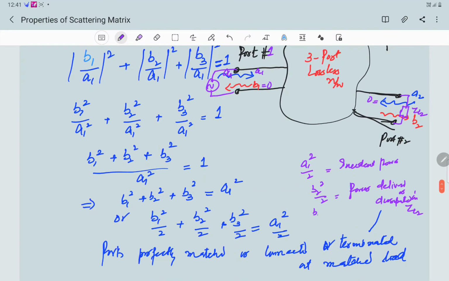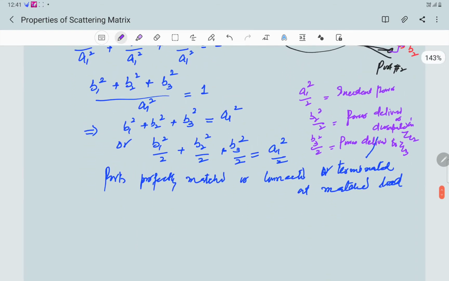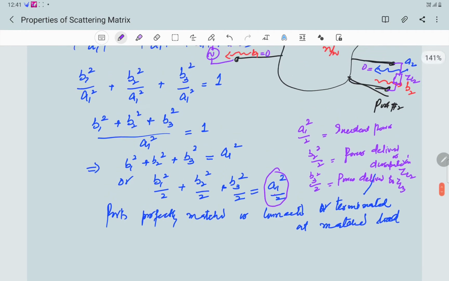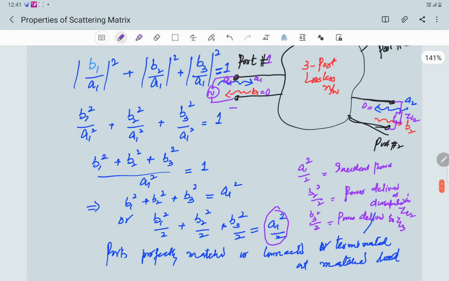B3 square by 2 is the power delivered to load ZL3 at port 3. So now if I look at this equation, A1 square by 2 is the incident power or the input power. A1 square by 2 is the input power.